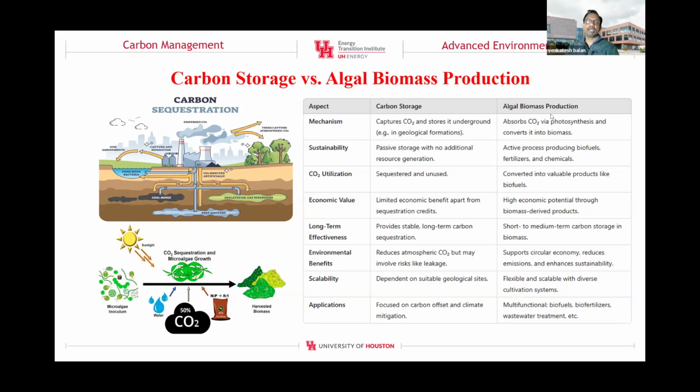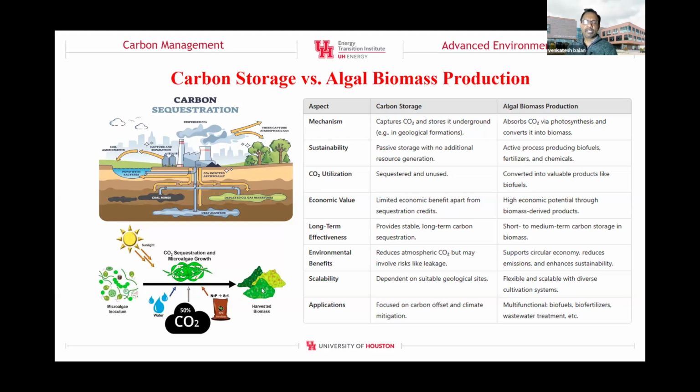Now, these are some of the comparisons between carbon storage and carbon utilization using algae biomass. Here the carbon is stored in a geological formation, but in the case of algae, we are using algae as microorganisms. We'll come to the details about what those algae are in the next few slides. They capture the carbon dioxide and store it as biomass, and this biomass comprises proteins, carbohydrates, and lipids, just like plants.